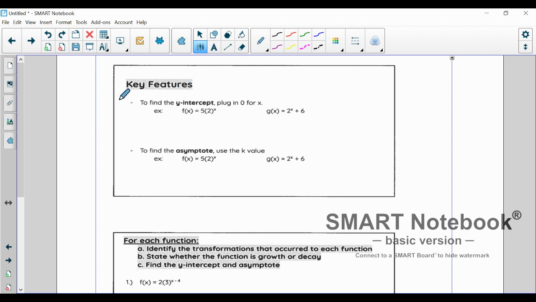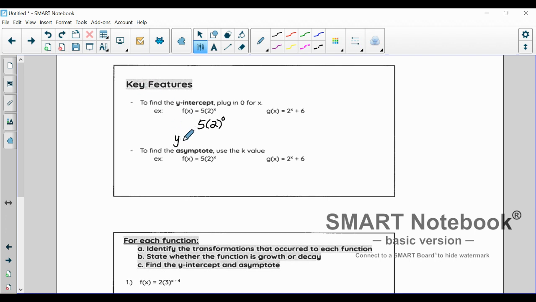So our key features are the y-intercept and the asymptote. To find the y-intercept, we're going to plug in 0 for x. So if we do that, we're doing 5 times 2 to the 0 power. 2 to the 0 is 1, times 5 is 5.